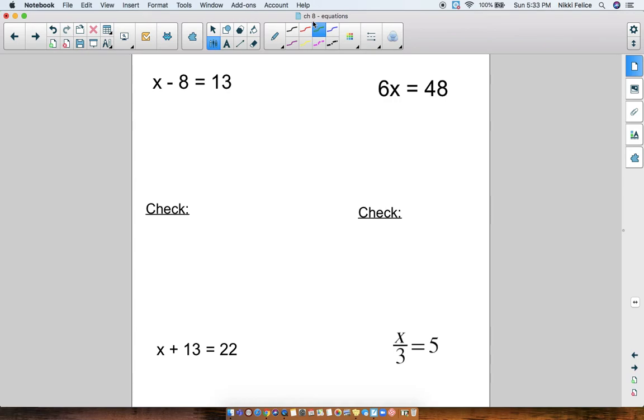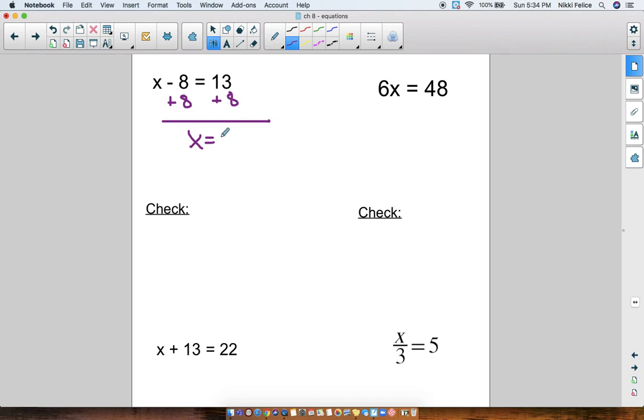Okay, now that you have done these 4 problems by yourself, let's go over them. X minus 8 equals 13. Well, this is a minus 8, so I would do plus 8 on both sides. Minus 8 and plus 8 are going to cancel out. So I'm going to get that my answer, x equals, don't forget to bring down that equal sign, super important.